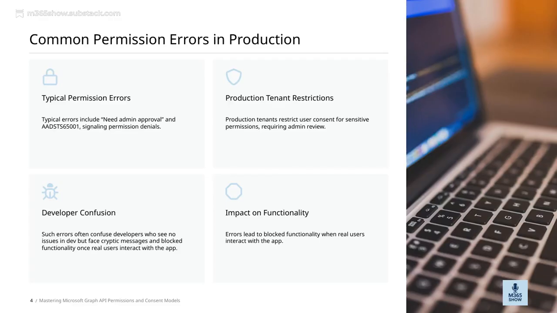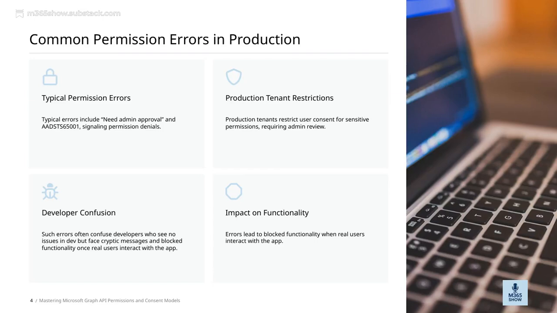In production, tenants typically restrict user consent for certain permissions, which means you'll need an administrator to review and approve those permissions. This is a key part of maintaining security and control over what your app can access. Some of the most common errors you'll see include messages like "need admin approval" or error codes such as AADSTS65001.